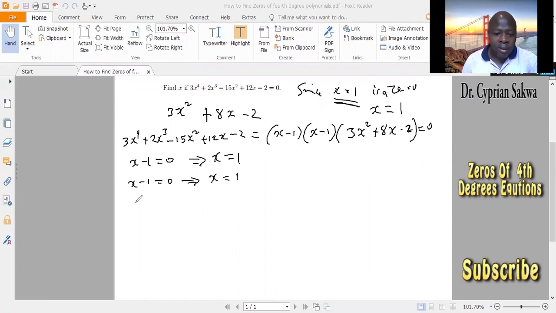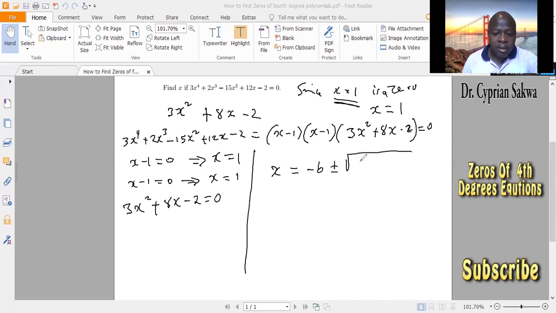And then the other one is 3x squared plus 8x minus 2 equals 0. This one we've seen that we cannot factorize. Let's find the value of x using the quadratic formula. So x will be equal to negative b plus or minus the square root of b squared minus 4ac, over 2a.